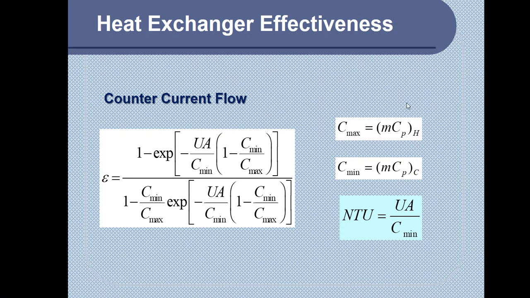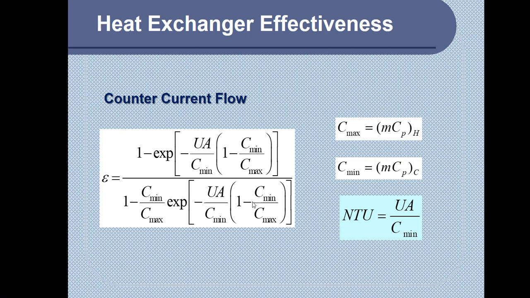So it's just actually your CP multiplied by m. Now you just substitute the two here, and you will have the effectiveness of your heat exchanger, wherein the pattern of flow of the two fluids is countercurrent. However, when you need to find this effectiveness, it's only good if you already have everything in this formula.